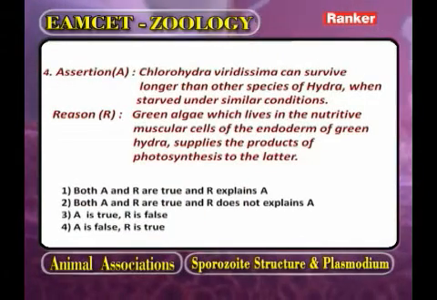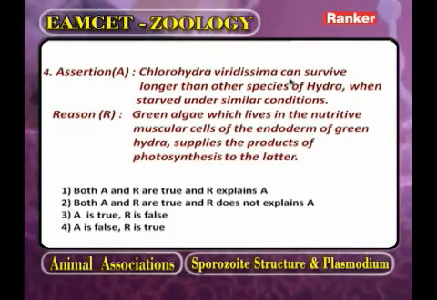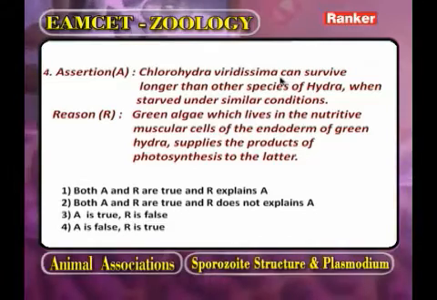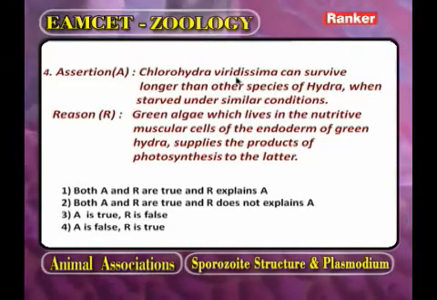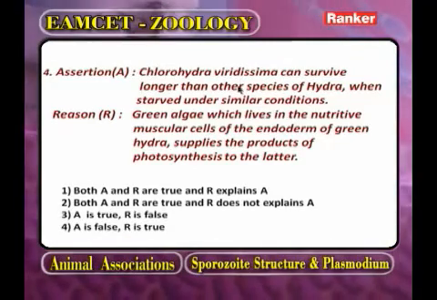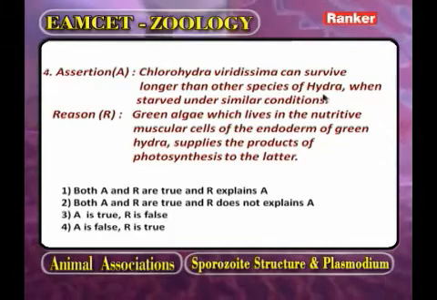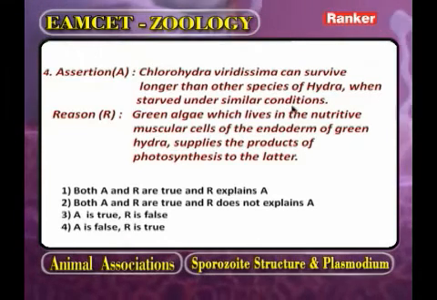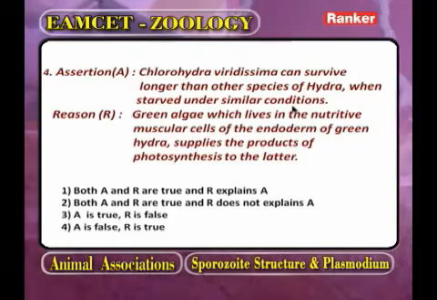Assertion: Chlorohydra viridissima. One is the genus name, the second is the species; it is binomial nomenclature. It can survive longer than other species of hydra when stored under similar conditions, that means during starvation.